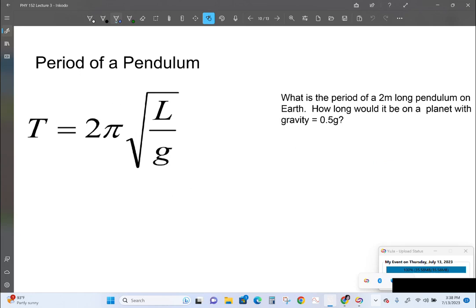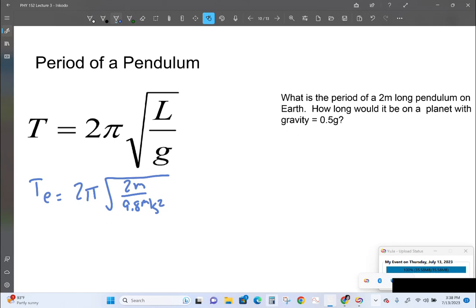The period of the pendulum is equal to 2 pi square root of L over g. So if I wanted to know, let's say, what is the period of a 2 meter long pendulum on Earth? On Earth, it would just be 2 pi times the square root of 2 meters all over 9.8 meters per second squared, which is gravity.